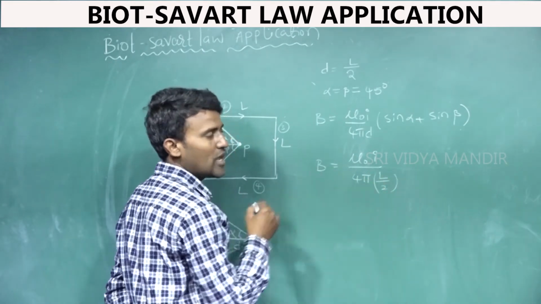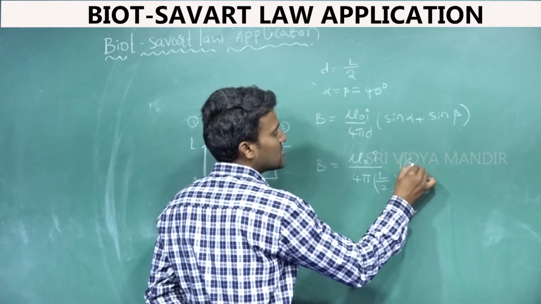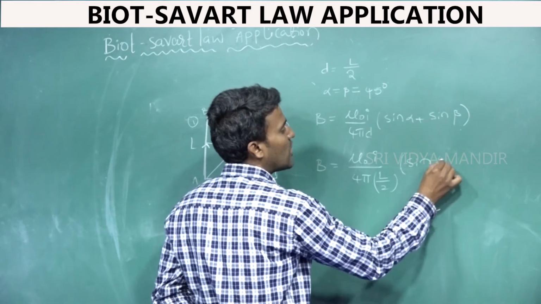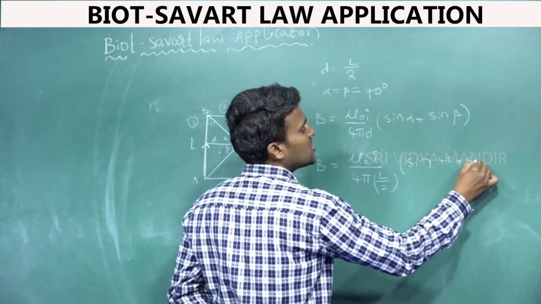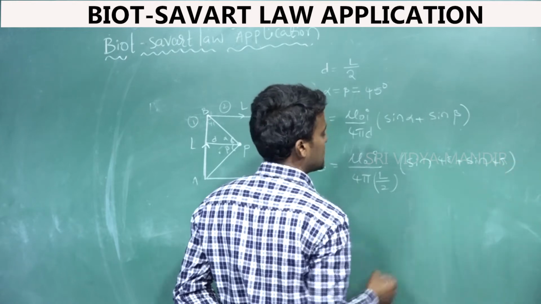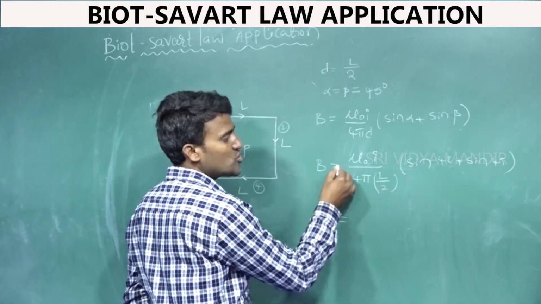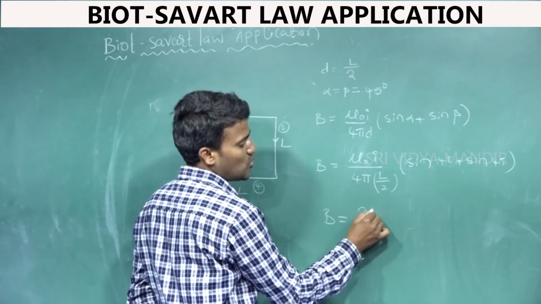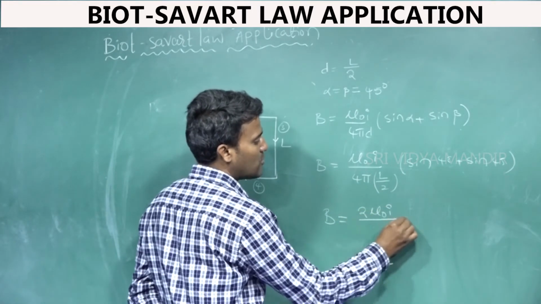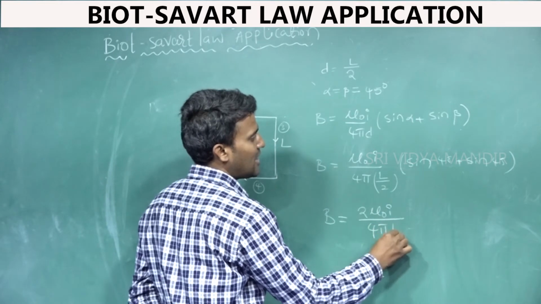Sin alpha is 45 degrees plus beta also 45 degrees. These 2 go to the numerator. So B is equal to 2 mu naught I divided by 4 pi L.